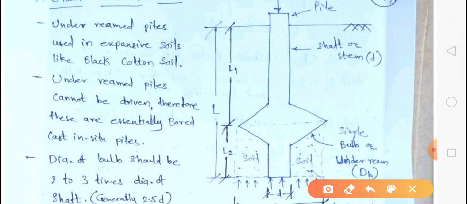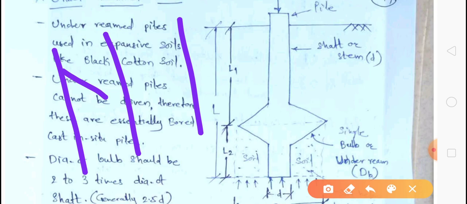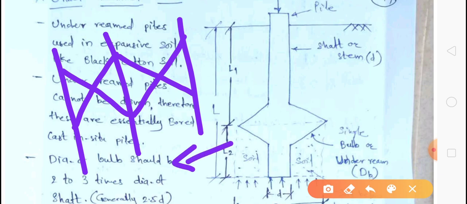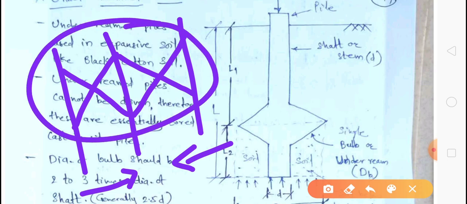So this is the collapsible gate. When you close the gate, these diagonal strips get folded, and when you open this gate, it gets enlarged.